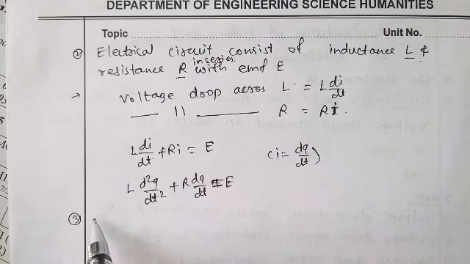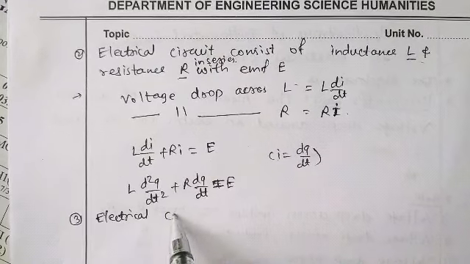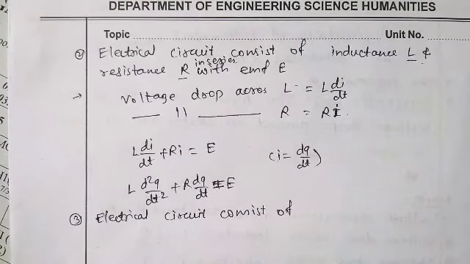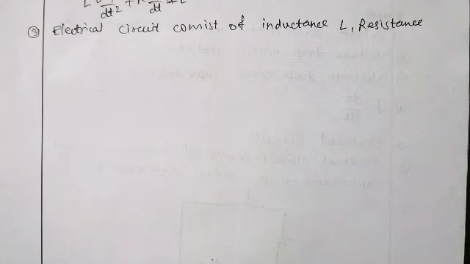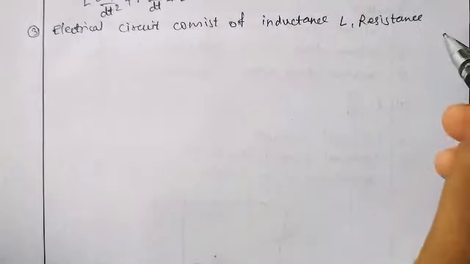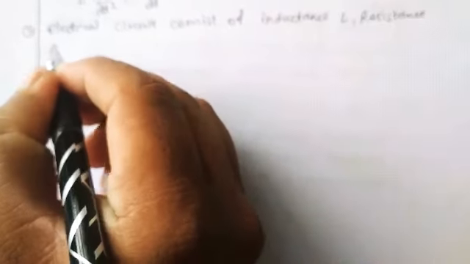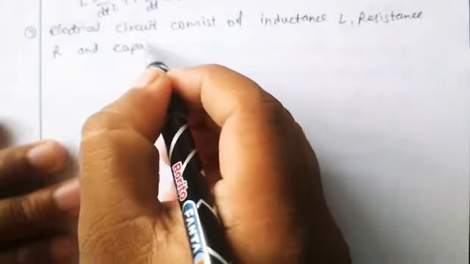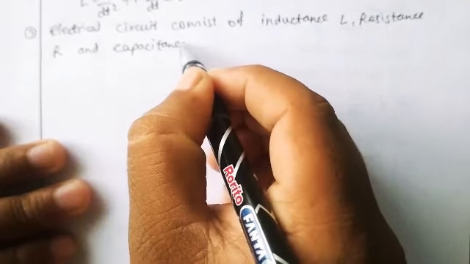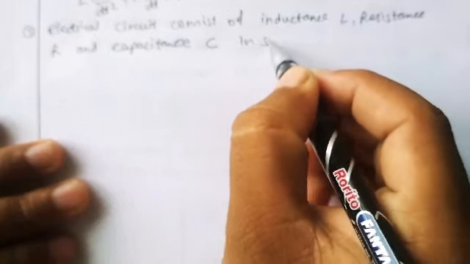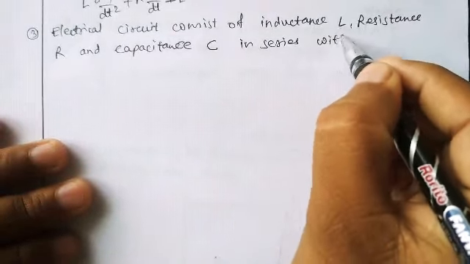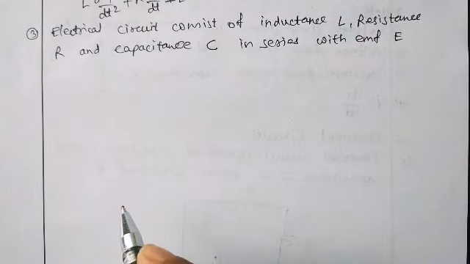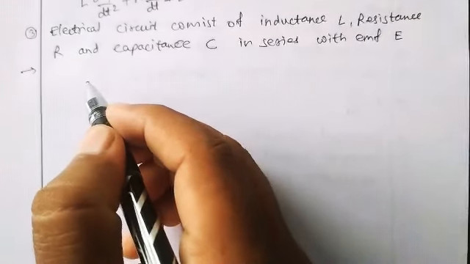Then next, the electrical circuit consisting of inductance L, resistance R and capacitance C in series with EMF or voltage source E. For that, again we can form a differential equation.